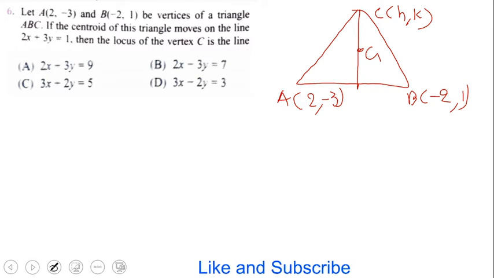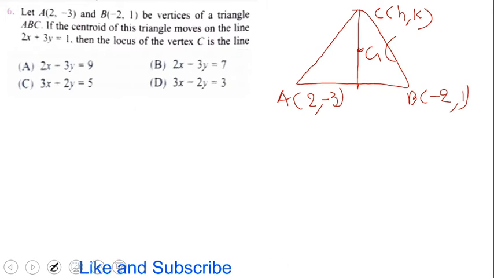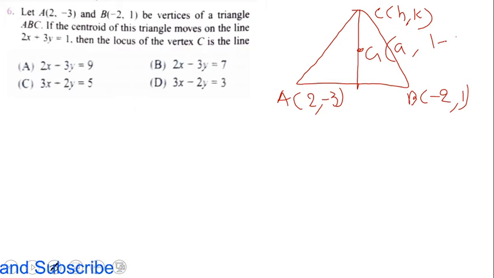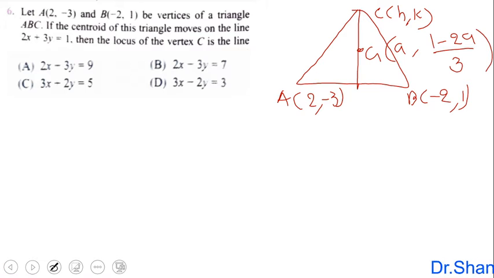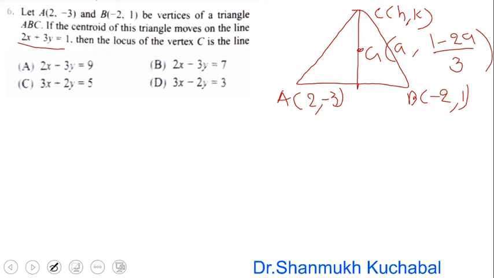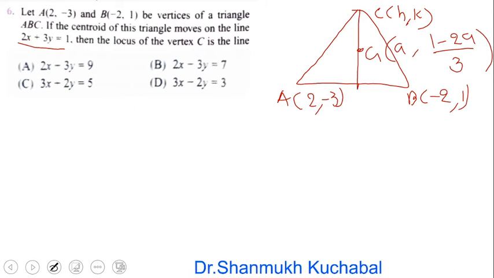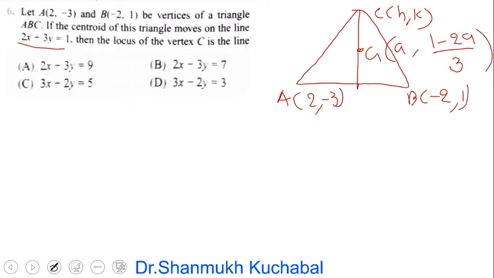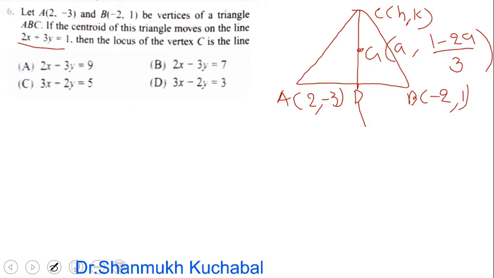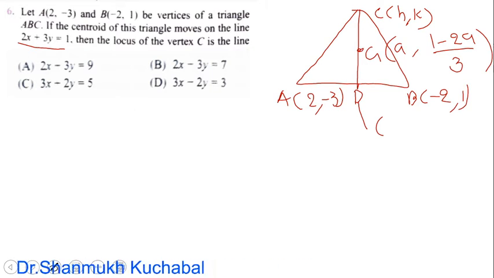Then we have a G here. So this is a midpoint, so we are going to get this as a comma 1 minus 2a divided by 3 here. Yes, so using this equation we have written the point G here. Then D, we have to use the midpoint formula, 0 comma minus 1.